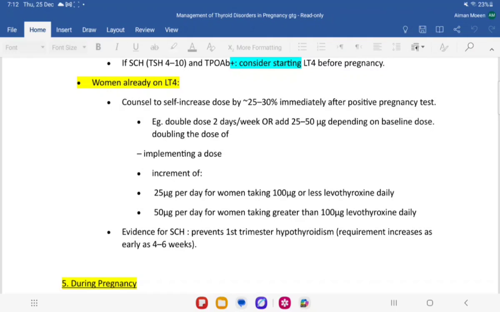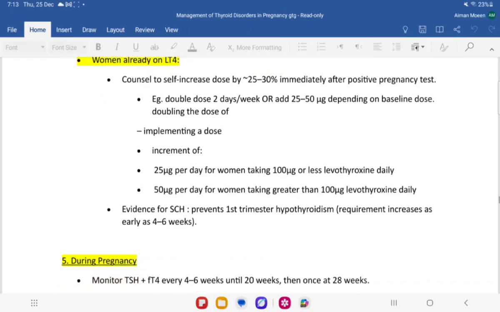So for subclinical hypothyroidism, it prevents first trimester hypothyroidism. Why is it important to treat these women? Because the requirement increases in pregnancy and we need to cope with those requirements.